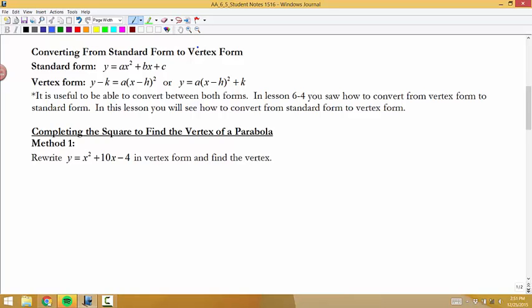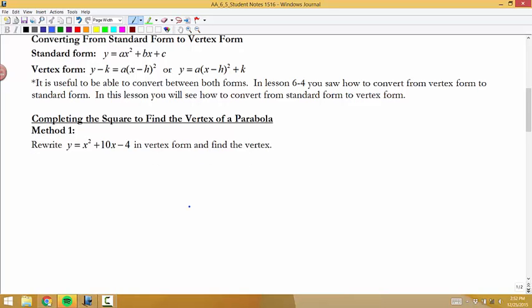to write something in vertex form. The first method we're going to use for making this conversion to vertex form is the completing the square method. Using it, I want to get one side of my equation to look like x squared plus bx.